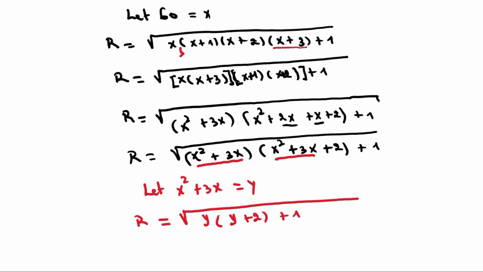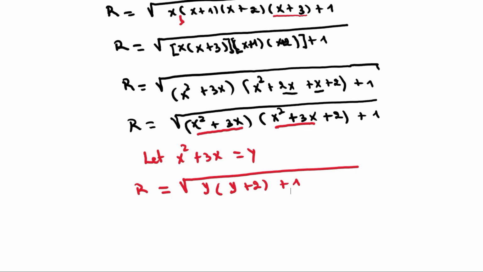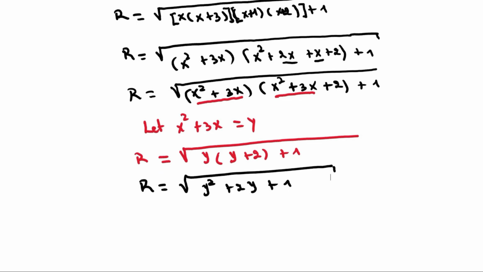From here, we compute this product inside the root. Then we will get r to be equal to the square root of y times y, this is y squared plus 2y, and plus 1. From here, I have to use this famous known identity.